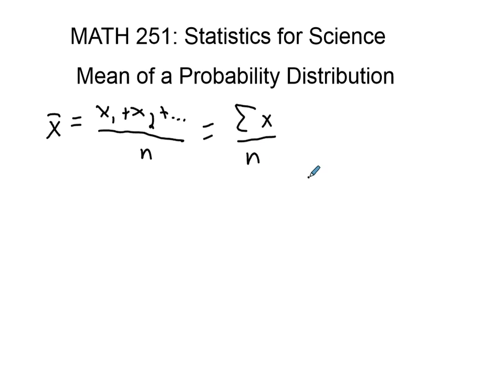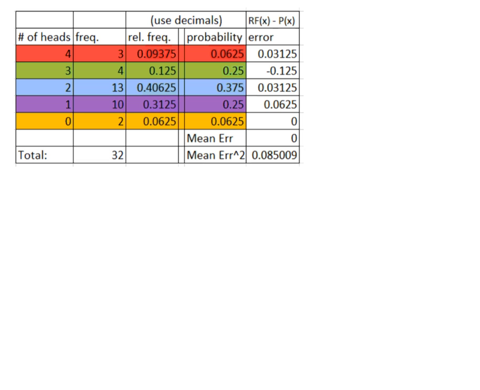Or if we're looking at a population, where we have all of the x values in the entire population, we divide by the size of the population. For a frequency distribution, where we have the same values repeated over and over, we have a similar formula. Let's look at some examples.